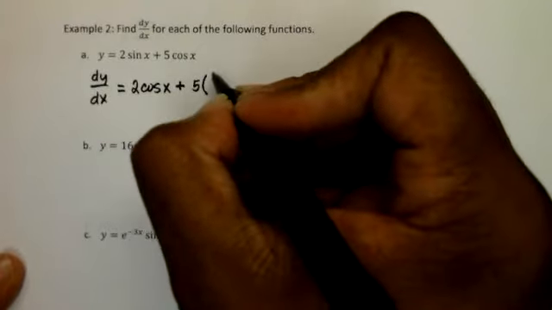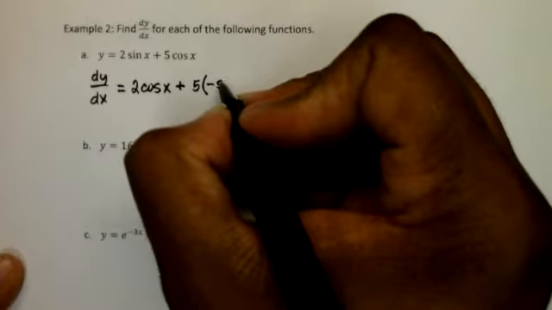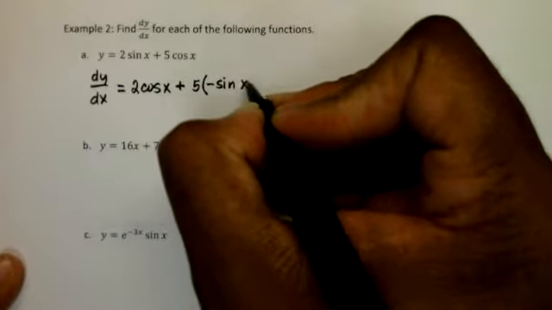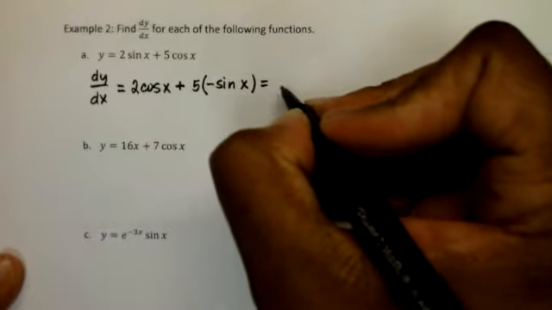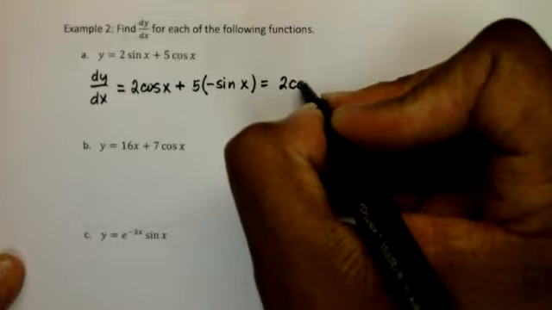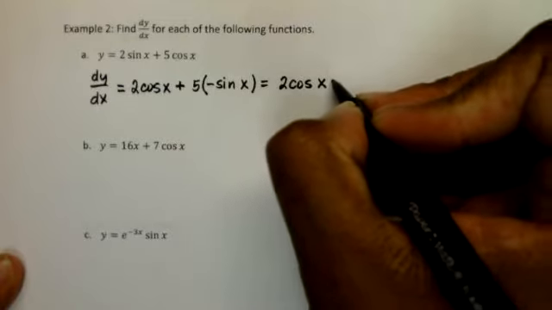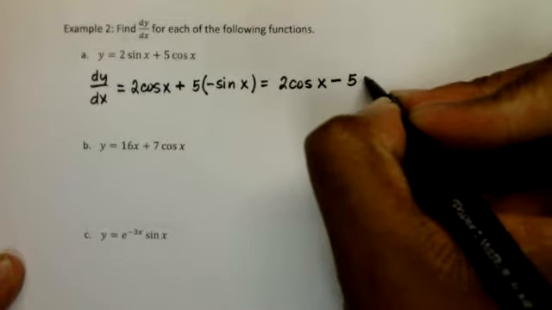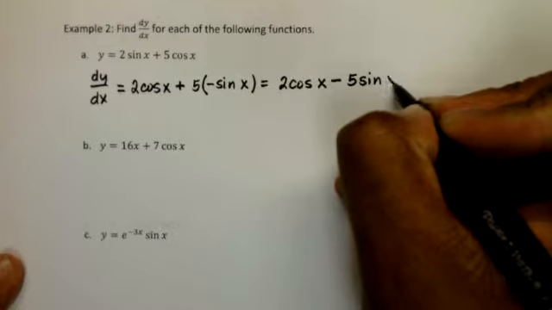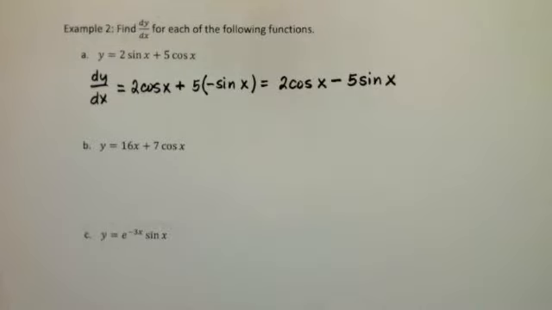The derivative of the cosine of x is negative sine of x. Now, if we just simplify this, this will be 2 cosine of x minus 5 sine of x. Okay, so all I'm doing there is just using the derivative of the sine, which is your cosine, and the derivative of the cosine, which is negative sine of x.